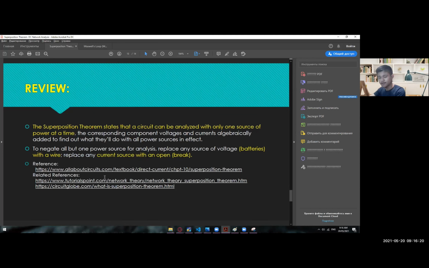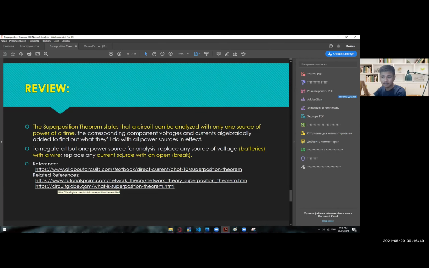And then here are the references for this presentation. We have three. One is All About Circuits, which all of the information right here came from. And then we have another two related references. Just in case this explanation from All About Circuits is not enough, feel free to visit Tutorials Point and the Circuit Globe.